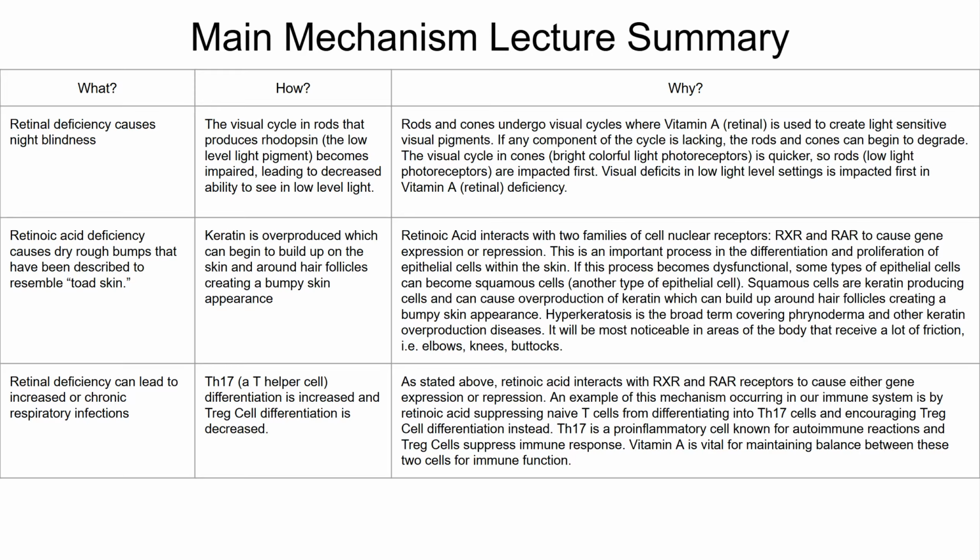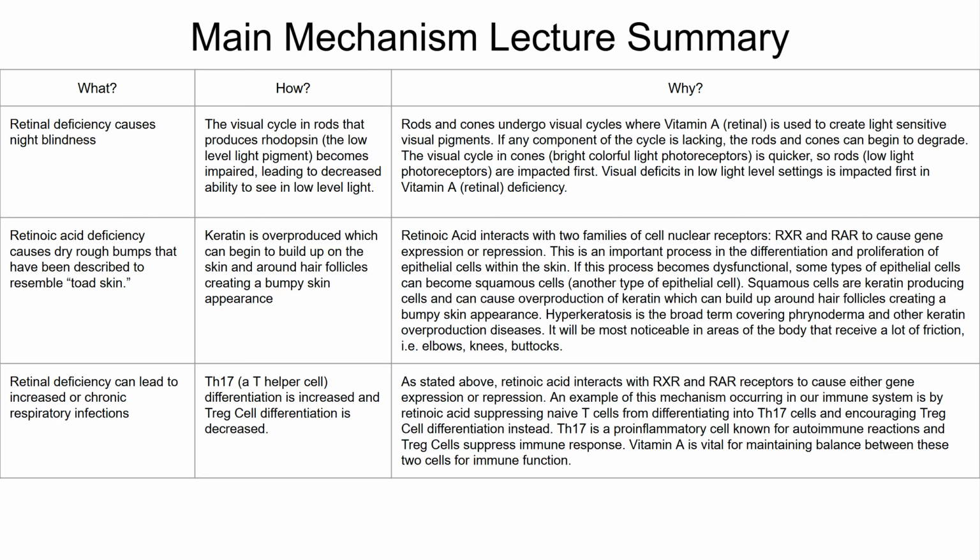If this regulation doesn't happen, then epithelial cells turn into keratin producing cells, which lead to an overproduction of keratin, which can build up around hair follicles, creating that bumpy toad skin appearance. This is called phrenoderma, which is a type of hyperkeratosis.